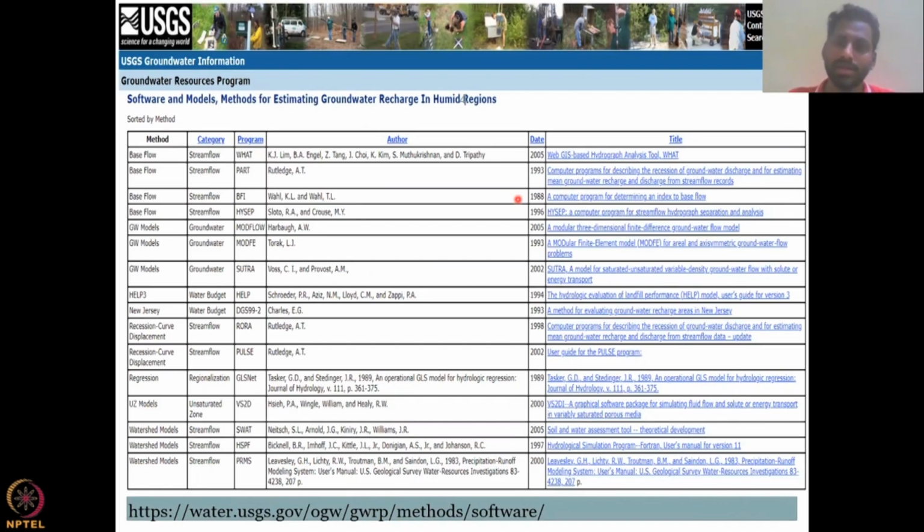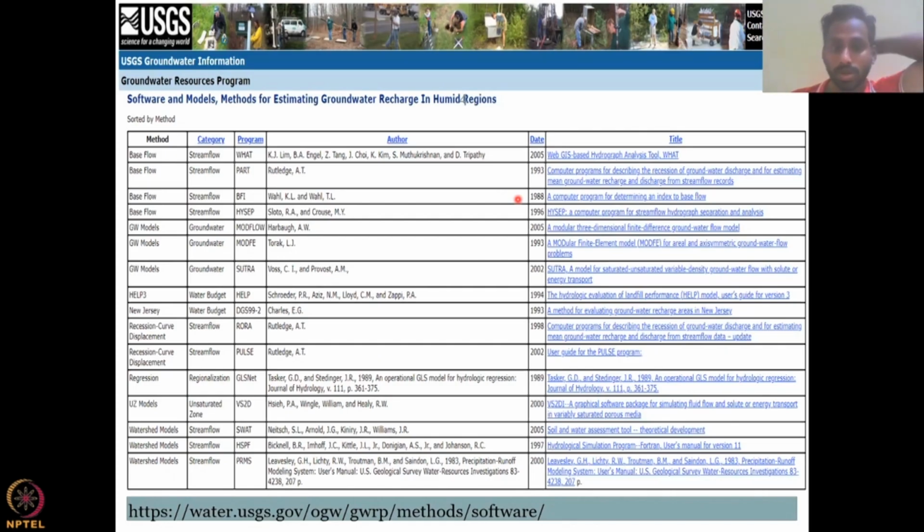Multiple models can easily estimate your groundwater recharge based on the driving factors, which are your land use, land cover, rainfall, the type of aquifer or the type of rock, soil, etc. Those can be taken from open source models. The link I'm giving here at the bottom, if you just go there, all these models are already there, and you can click on the title and it goes into the model where you can learn it for free.